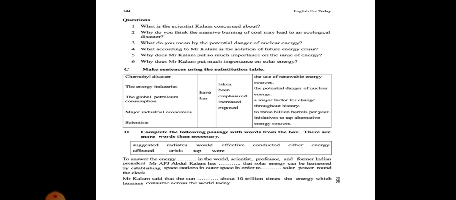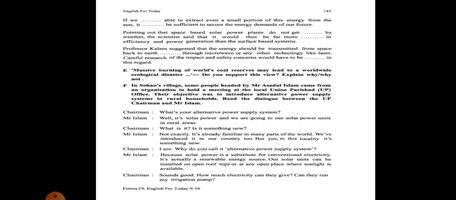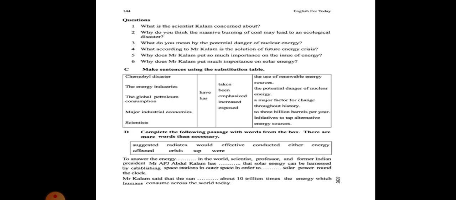Here we have found there are lots of exercises in this text. You can see question number 1 to 6, and another part, the table match from C, and D is fill in the blanks with suitable words that are indicated in the box.